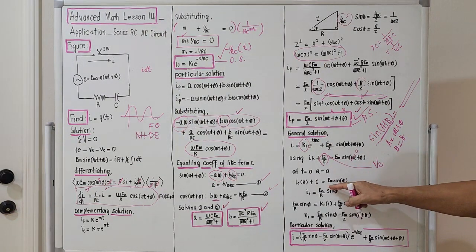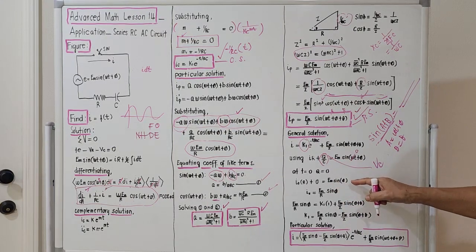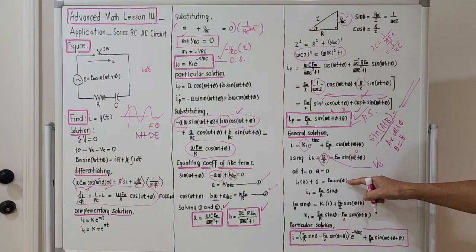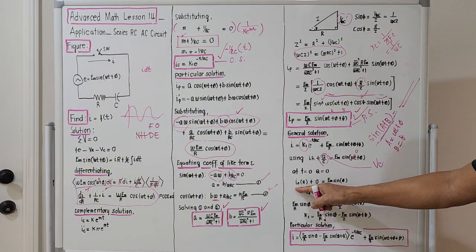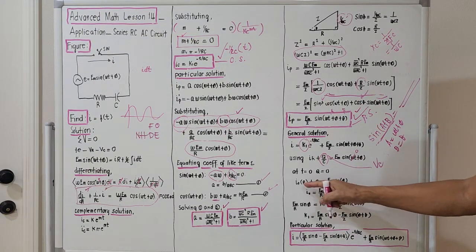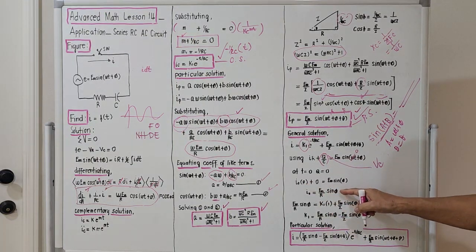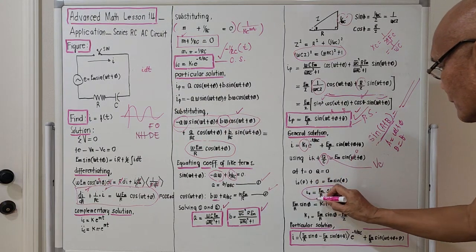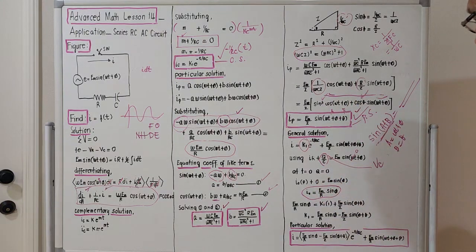So this will now just be simply E sub m sine of angle P, right? And computing for the initial current at time t equal to 0, this should be equal to E sub m over R times sine of angle P. We needed this value to compute for the value of K1.